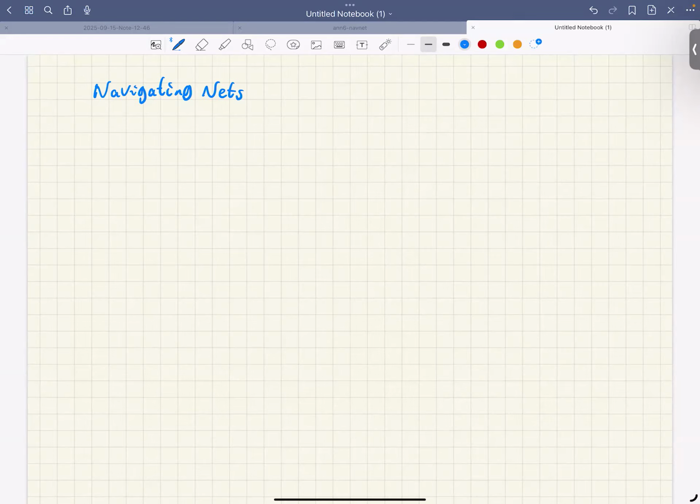I think there is something to be explored here, because on the one hand, if you look at things from the perspective of metric spaces, as I'll explain later, this navigating net is able to achieve performance guarantees that are beyond the reach of proximity graphs.